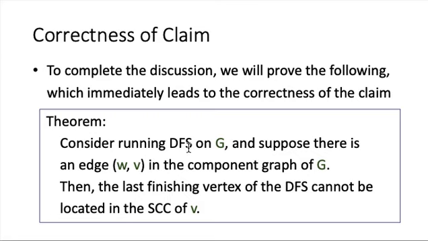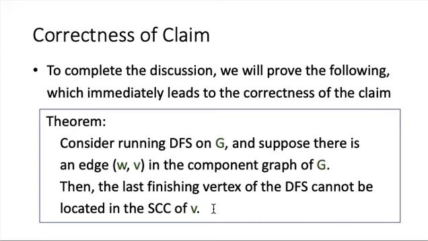So as long as this theorem is true, the last finishing vertex must be in an SCC such that the corresponding vertex in the component graph of G has no incoming arrow, or the corresponding vertex of the SCC in the component graph of H does not have any outgoing arrow. So I hope that you are all okay with this one.